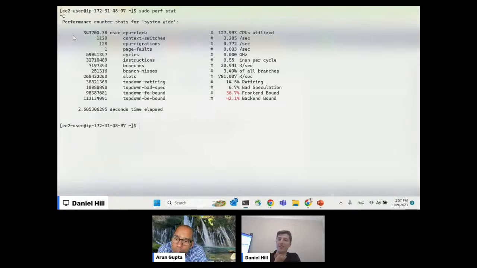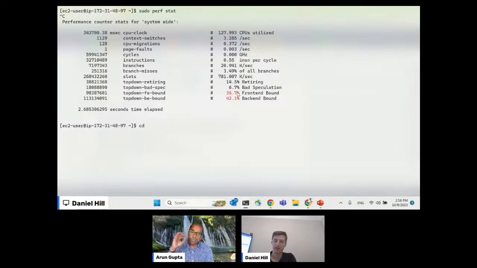Nothing is running here, but it'll show you how many cycles were retired, instructions retired, branches, missed branches, slots, that top-down breakdown. Over here, you can see the metrics from it. So this is how much is retiring, front-end bound, back-end bound. Apparently, an idle CPU is mostly back-end bound. It doesn't really mean much because this is an idle CPU, but here you get those instructions per cycle. This is how many instructions you're getting through your system, a good, easy metric.